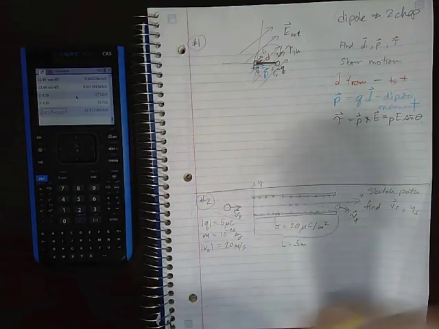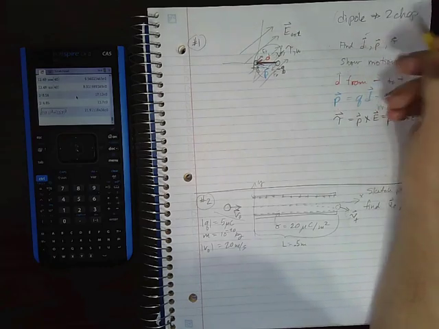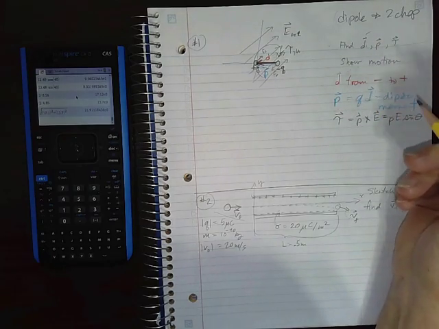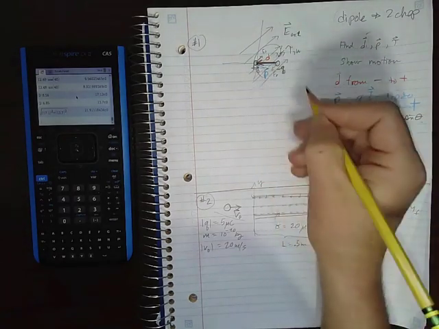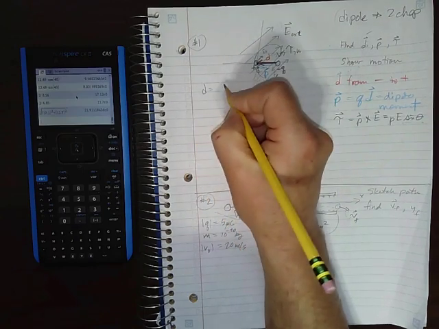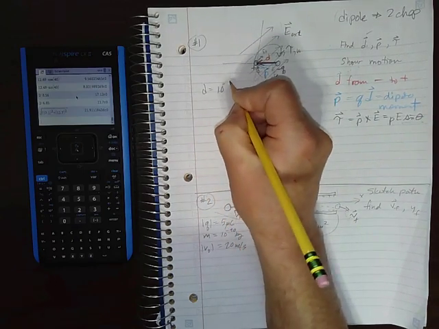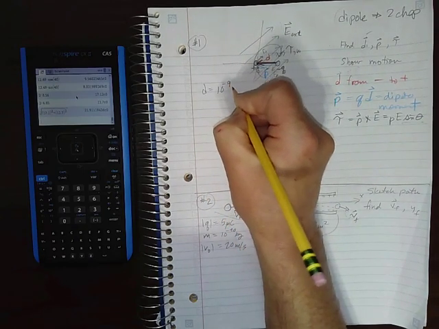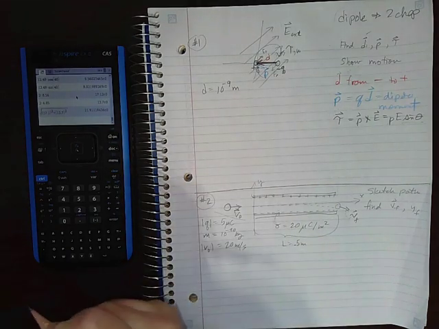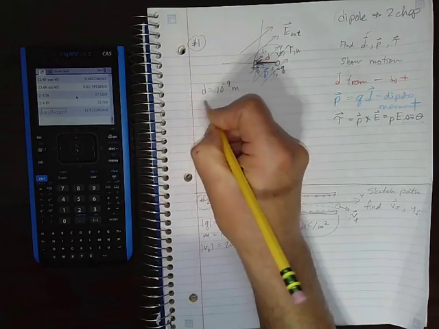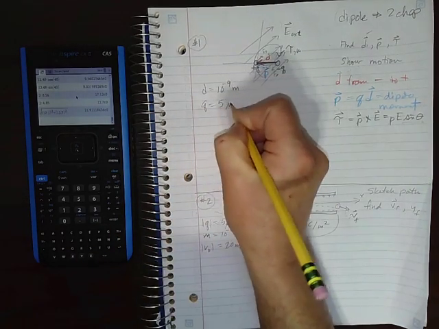Okay, so let's just say d is 10 to the negative 9 meters. I have no idea. And what else do we need? Let's say Q is 5 microcoulombs.